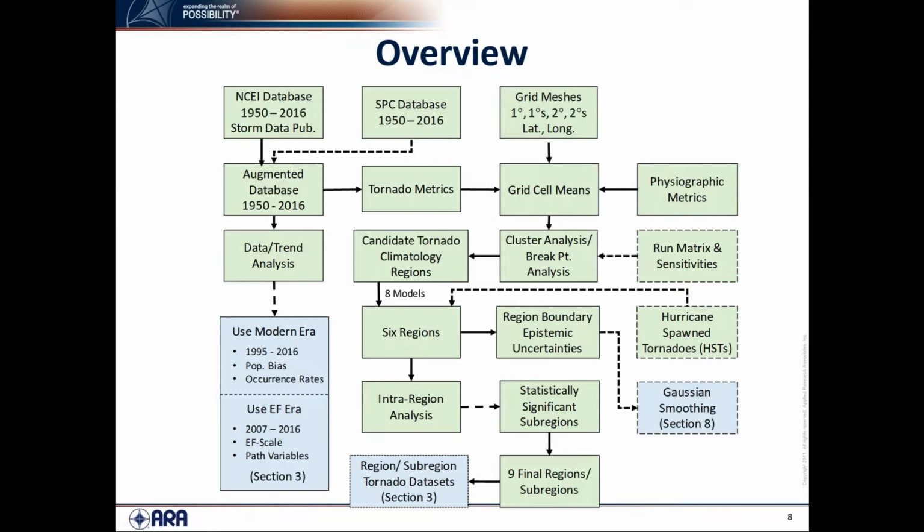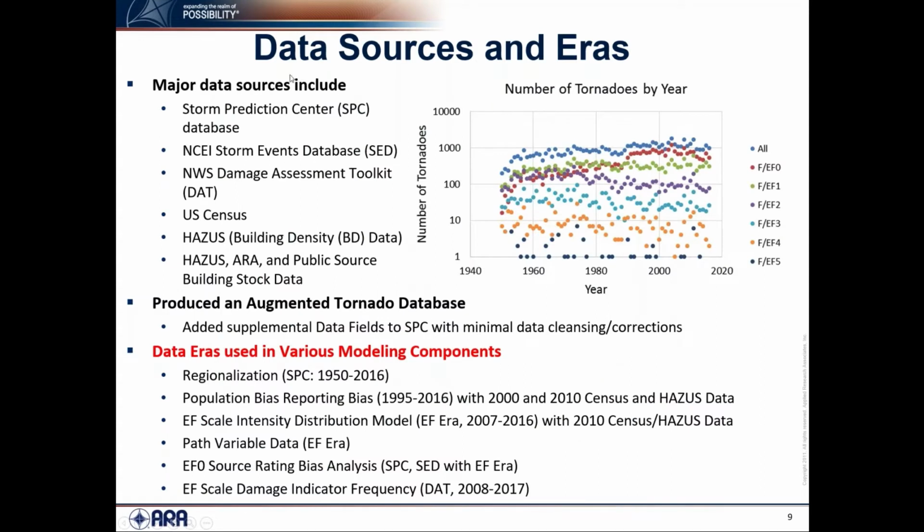There are some parts of the analysis that use the whole data set, and some parts where, based on the characteristics of what data is available, we use different eras, the modern era or the EF scale era, and I'll point those out along the way. So again, these are some of our major data sources. I mentioned the SPC and NCEI databases, the damage assessment toolkit, ASCE, and a FEMA tool. We were able to get some building stock information from there, and US Census data.